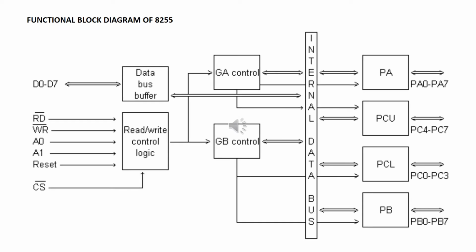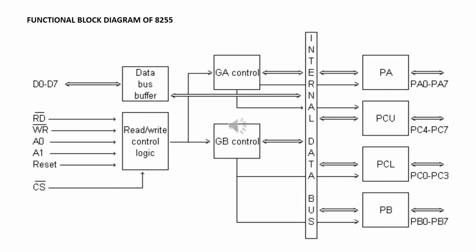This is the functional block diagram of the 8255. As you can see, it has one internal data bus to which the ports PA, PB are connected. You can see that the PC port is divided into two parts, PCU and PCL, which represent the higher nibble and lower nibble. Then there is a control system known as GA control and GB control.